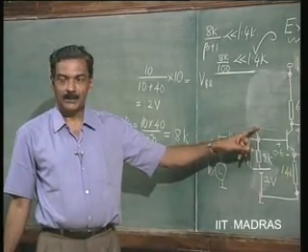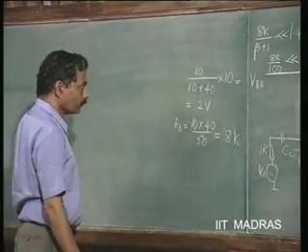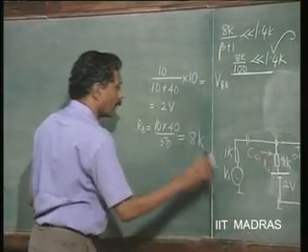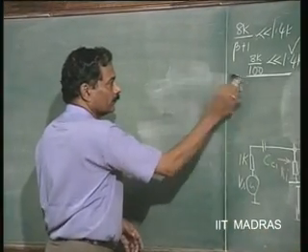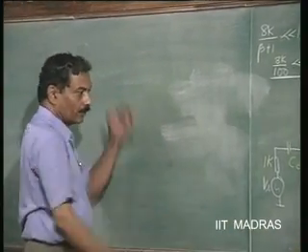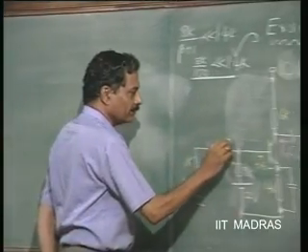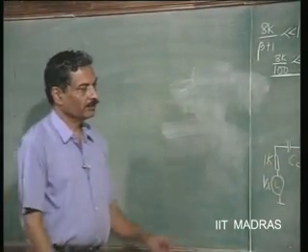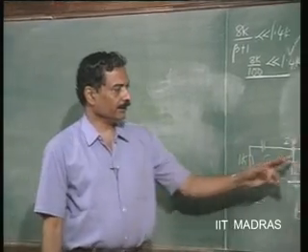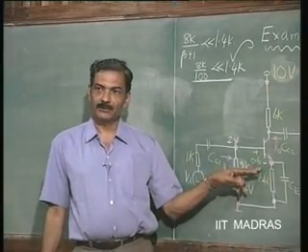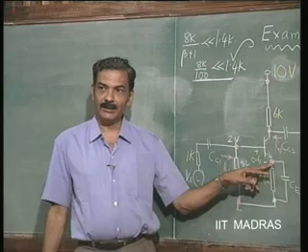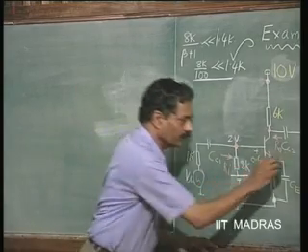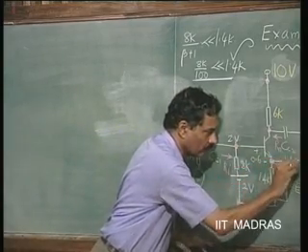Is this clear? So, now that we know that this is going to be at 2 volts, and this is 0.6 volts VB, this voltage is 1.4 volts DC.